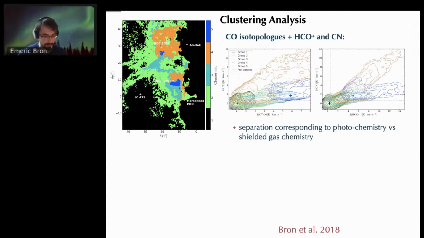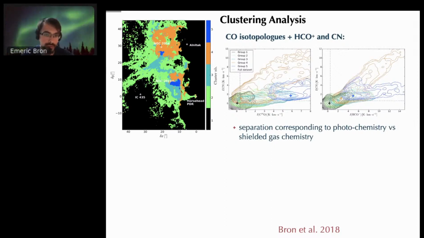We then moved to adding more dimensions, more molecular lines, taking all the lines that are detected on a wide region of the map, so adding HCO plus and CN. What we saw here is that in addition to distinguishing different density regimes, we also see a distinction among the high density regions, between blue regions and orange regions.